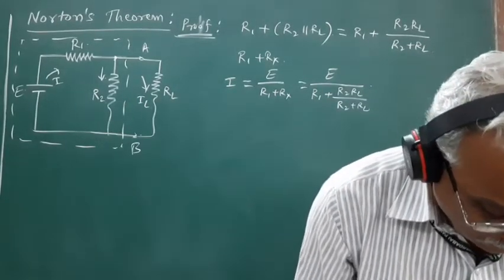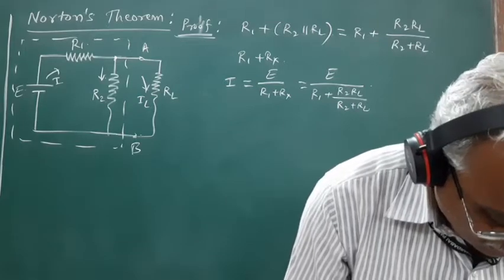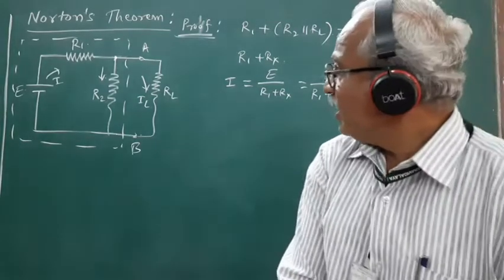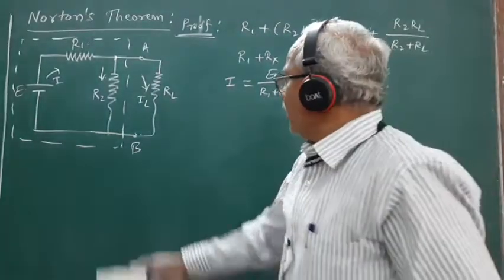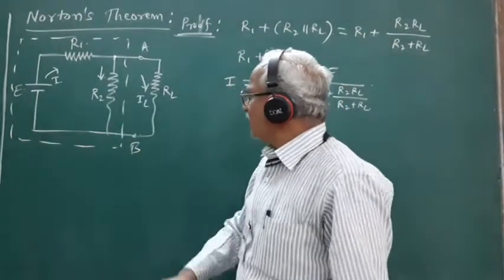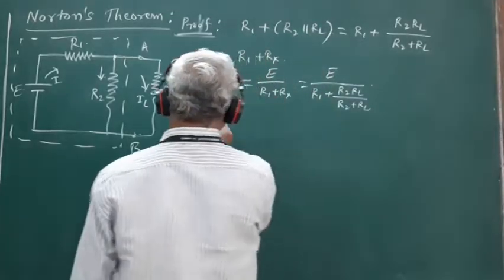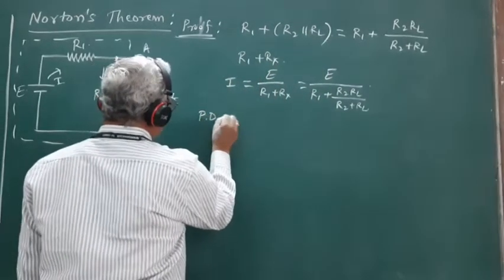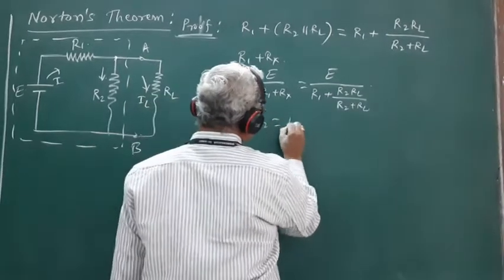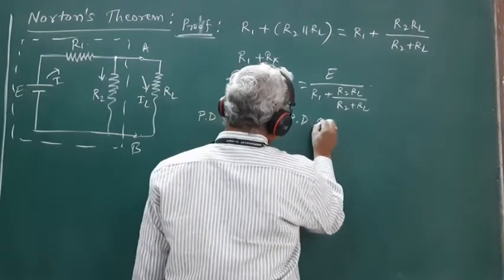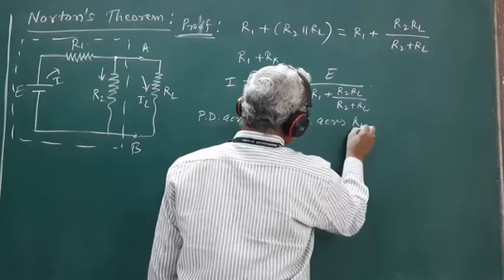Now, once we know this total current I drawn from the source, since R2 and RL are connected in parallel, the potential drop across R2 is the same as the potential drop across RL.